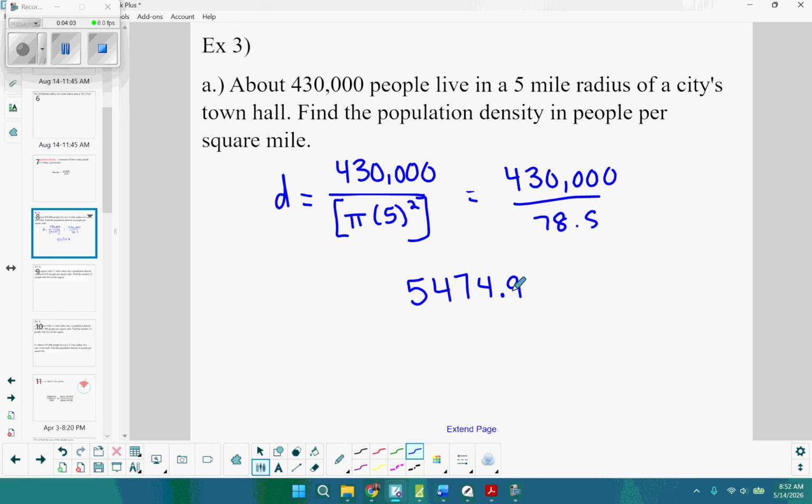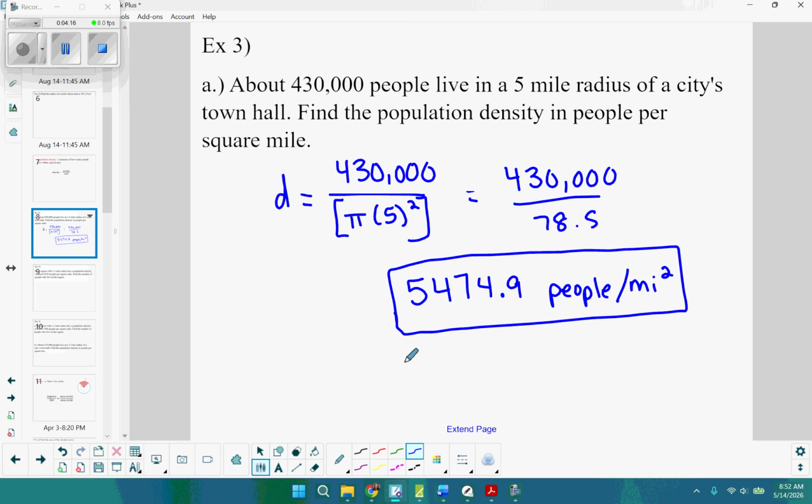I believe for these, we're just going to leave them as a decimal rounded to the tenth, and we're going to say that's people per square mile. If it was just the amount of people, I would probably round that to a whole number. But for the population density, because we're just generating this value, we can round to the tenth.